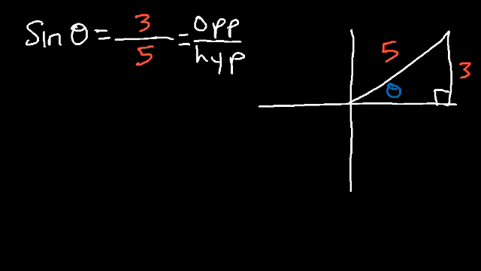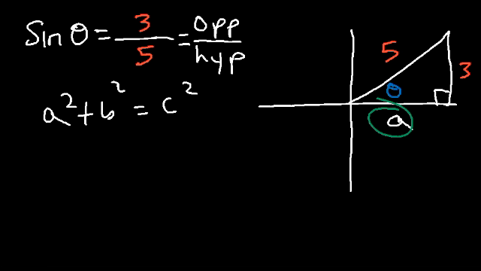So let's use the Pythagorean theorem to solve for the missing side. So a squared plus b squared equals c squared. Let's assume the missing side is a. This could be a, this could be b, it doesn't matter. But c is always the hypotenuse. That's what's important.